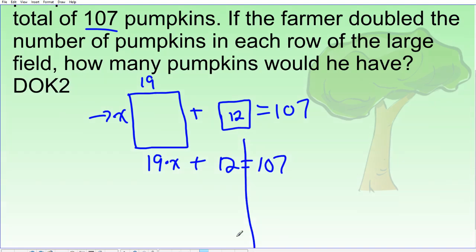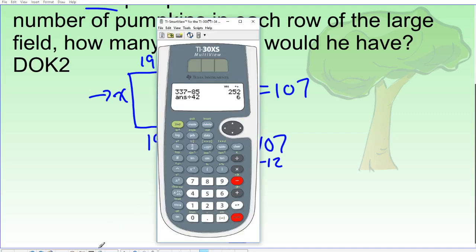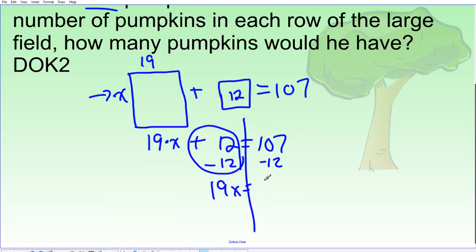Now, when I solve here, there's no distributing, there's no combining like terms, so I start by subtracting 12 on both sides. We get 19x equals 107 minus 12. 107 minus 12 is 95.